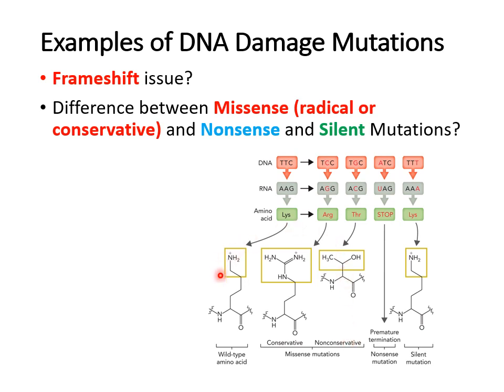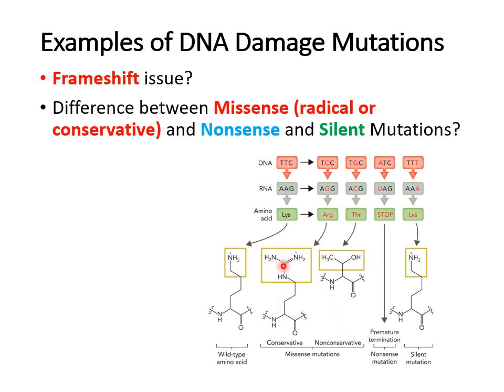Notice the one that was supposed to be there was supposed to have a positive charge. If the mutated one now has either a negative charge or no charge at all, that's very different from the chemical and physical properties that you're supposed to have there. So that is a radical or non-conservative missense mutation.